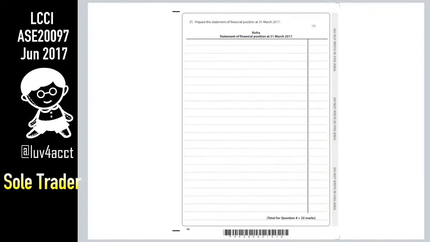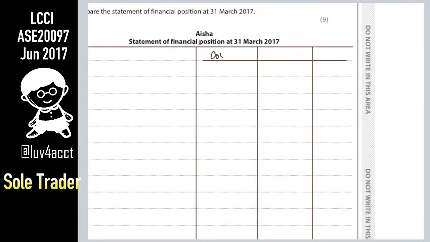3 columns. Okay, we need the cost, accumulated depreciation, and carrying value. $50,000 here.